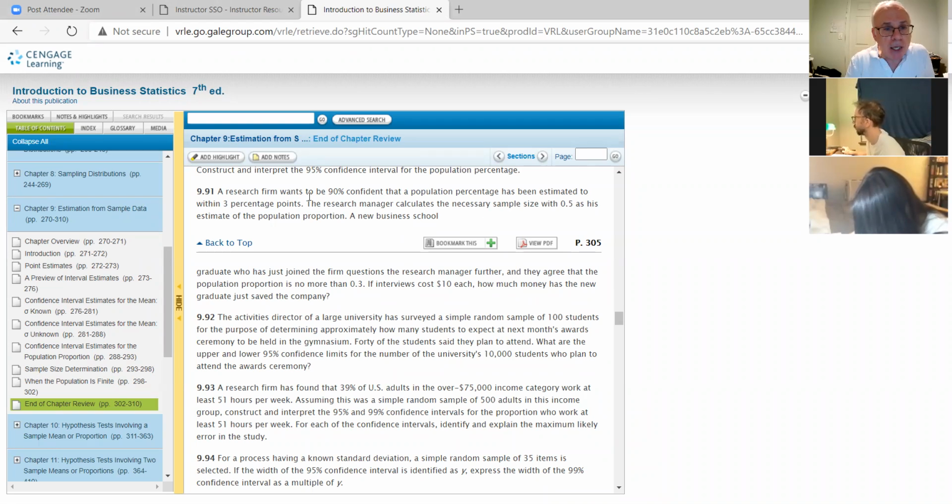The research manager calculates a necessary sample size with 0.5 as his estimate of the population proportion. They're even giving you that in this problem. A new business school graduate who's just joined the firm questions the research manager further, and they agree that the population proportion is no more than 0.3. If each interview, which means each person interviewed from the sample, costs $10, how much money has the new graduate just saved the company?